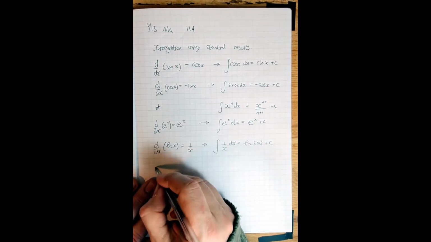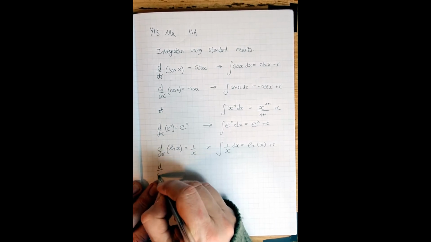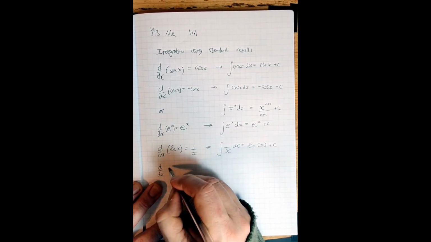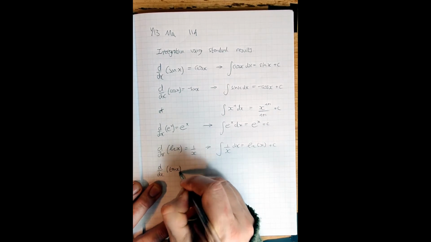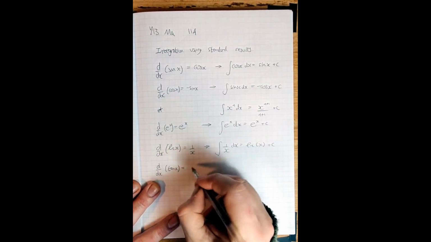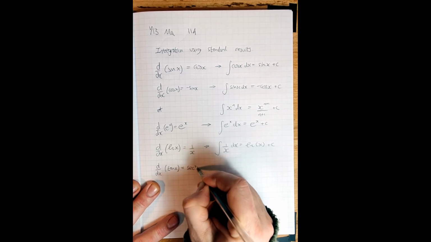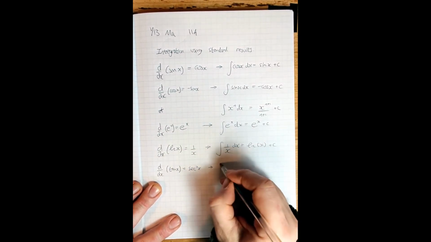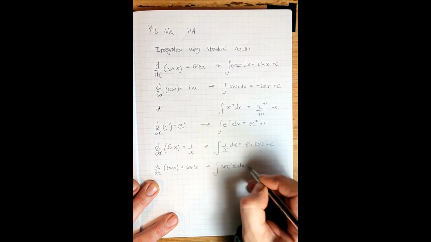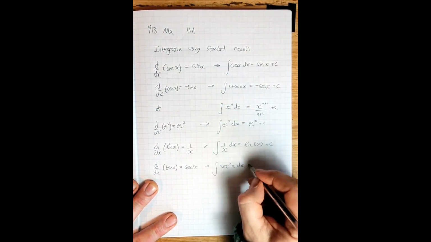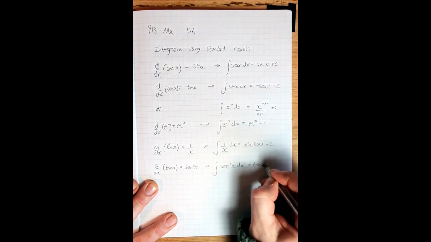We're told in the differentiation section of the formula booklet that tan x differentiates to sec squared x, which means we can use the inverse: the integration of sec squared x is tan x.